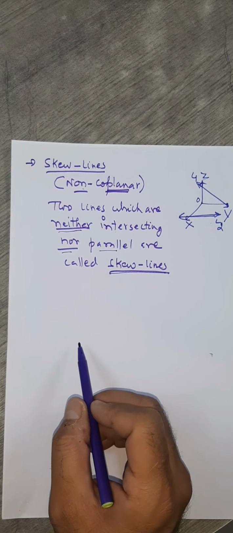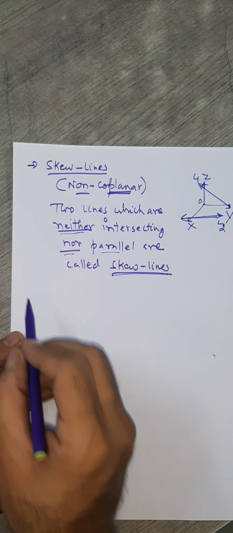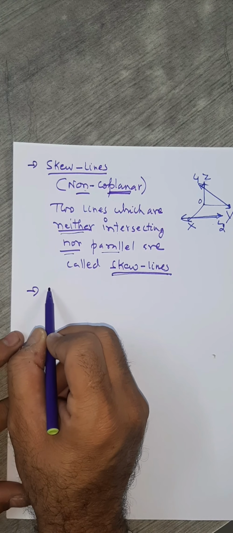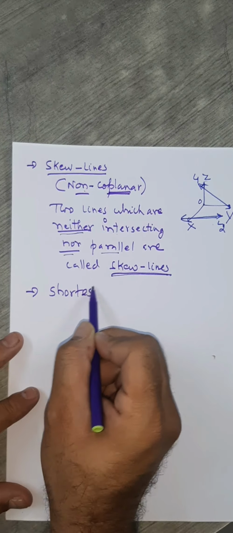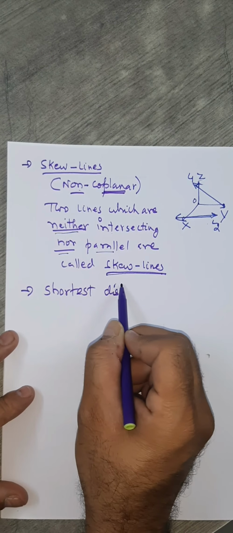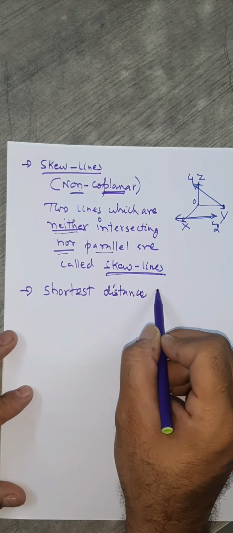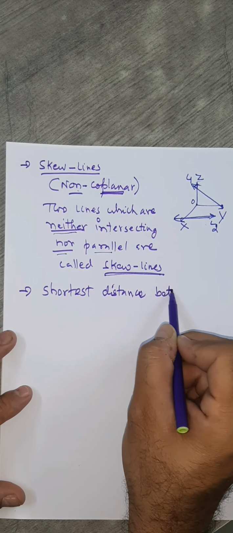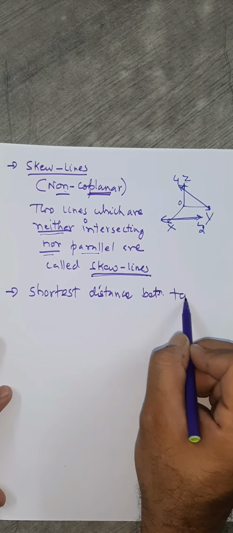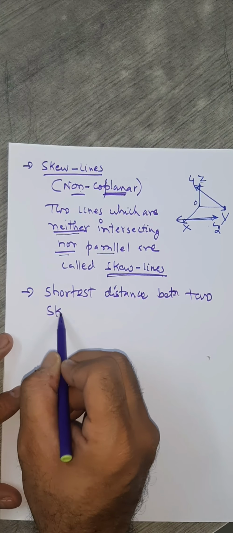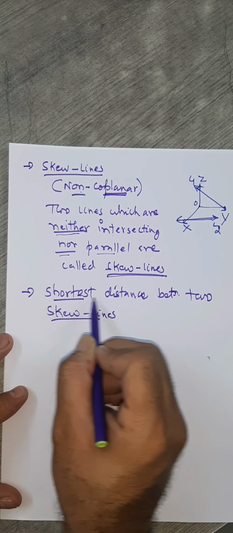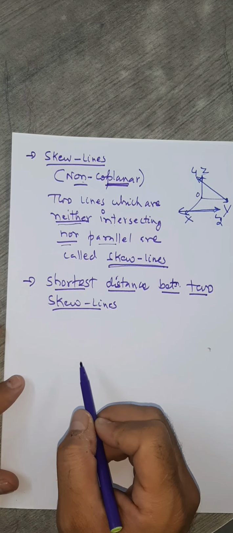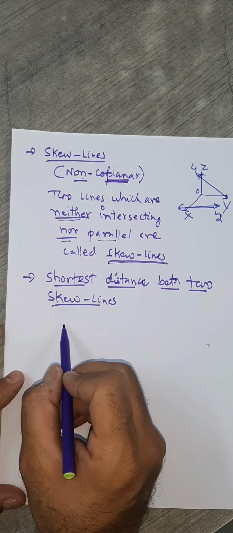Now here we actually want the distance between two skew lines, which is sometimes called the shortest distance. We want the shortest distance between two skew lines, lines in different planes.